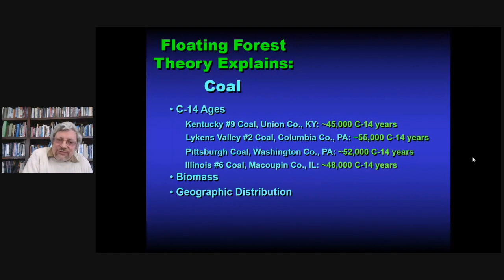The forest itself is gone. All that is left are the floating logs. That huge mat would be blown over a continent-sized area, explaining the distribution of coal from Missouri into Russia.